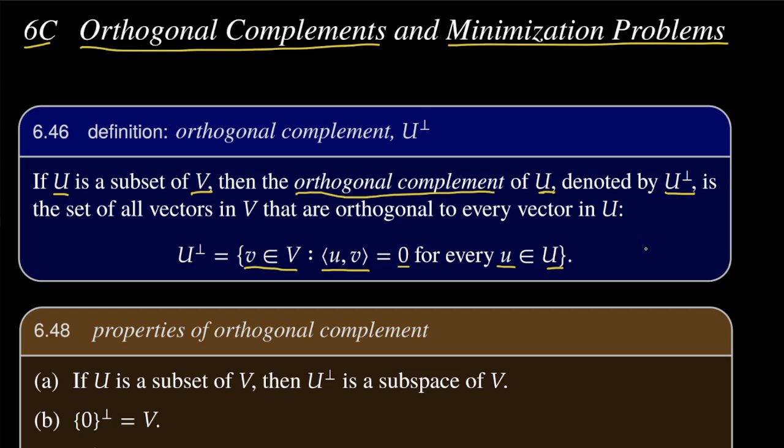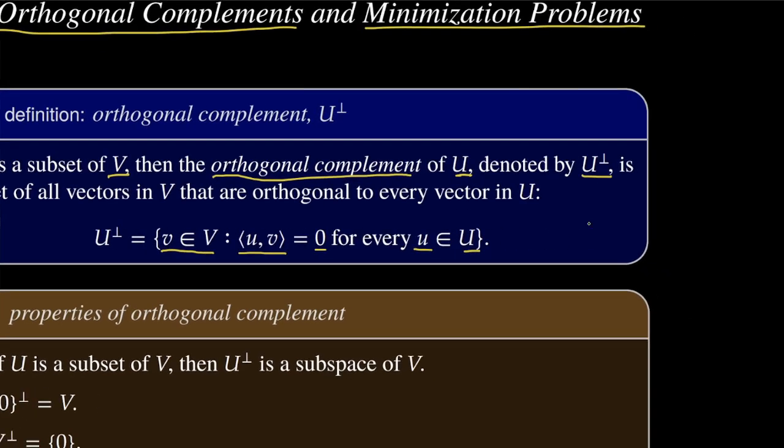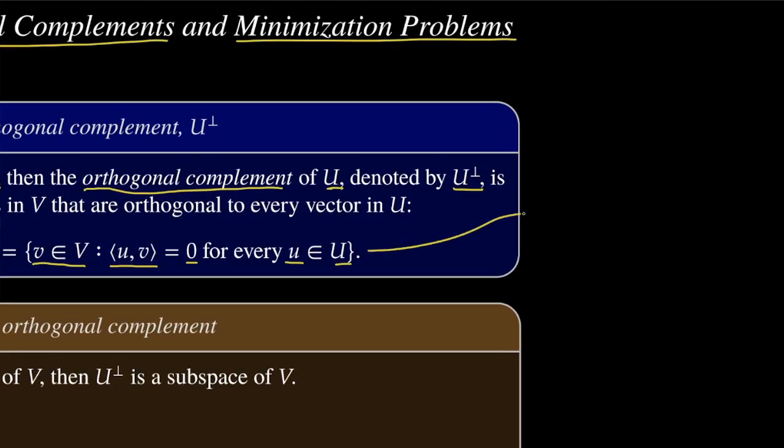Basically, if you want to think about this, it is the linear functionals on V that have U in their null space. So let me just write that right there.